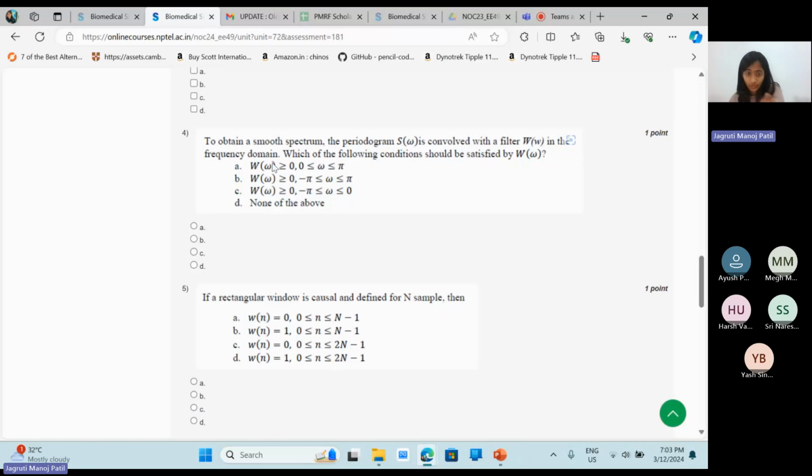To get a smoother periodogram, we want to ensure that it's a positive estimate. So, how do we define the weights of this in the frequency domain, the range of it? Take it as an assignment or question. Try it.